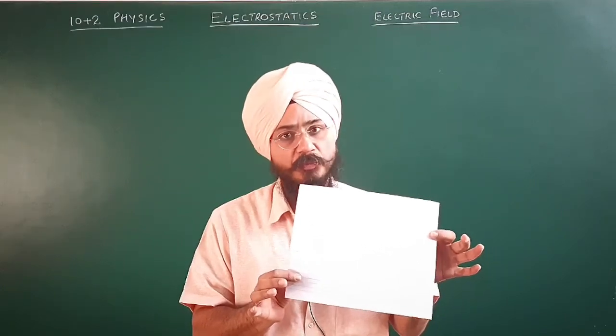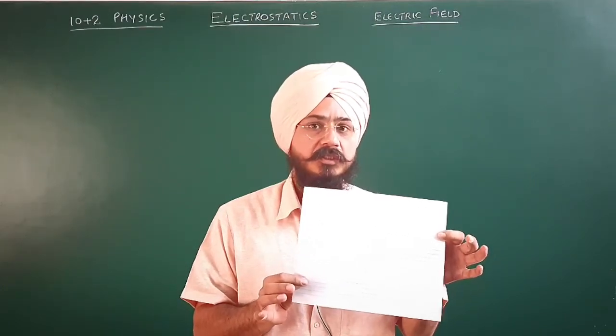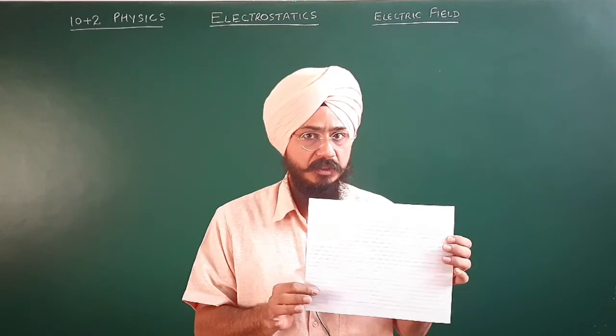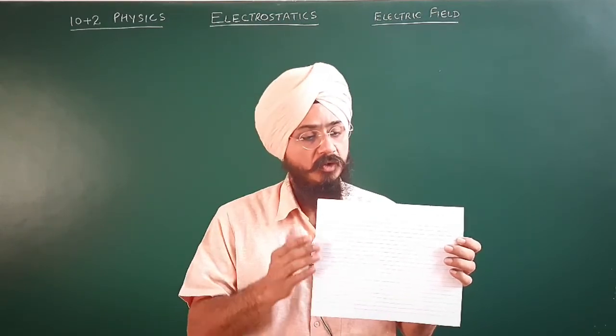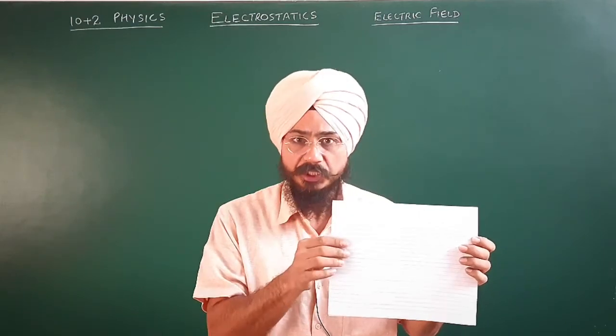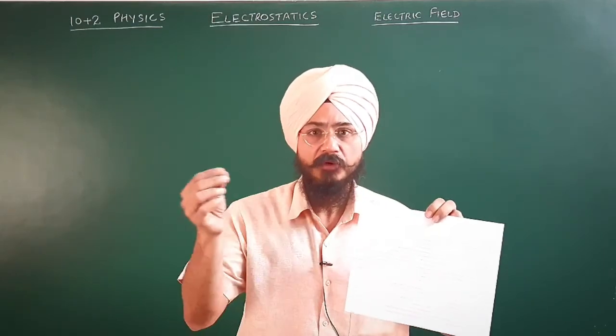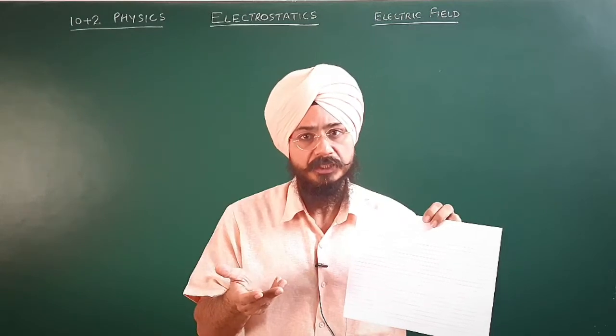If this sheet of paper has charge on it, then how will we find the electric field of this sheet of charge at any point somewhere in its vicinity?